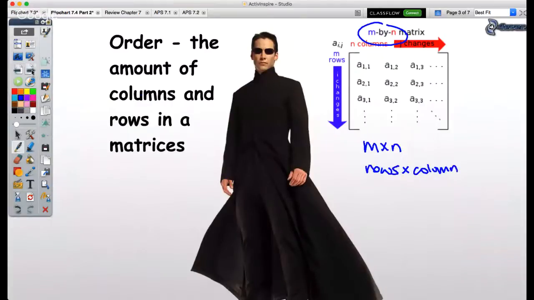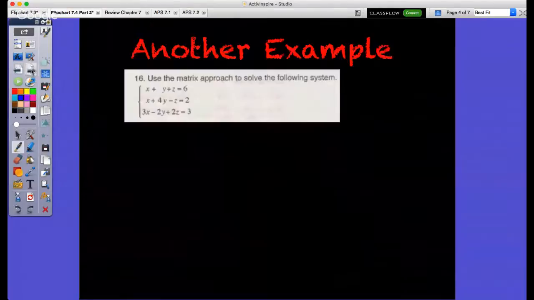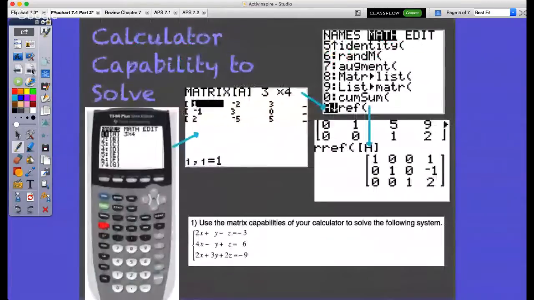So if I were to look over here on this one, how do we describe this matrix? We would say it's a matrix that has 3 rows and 4 columns, right? So 1, 2, 3 rows and 4 columns. So we would say the order of that would be a 3 by 4. Hope that makes sense.